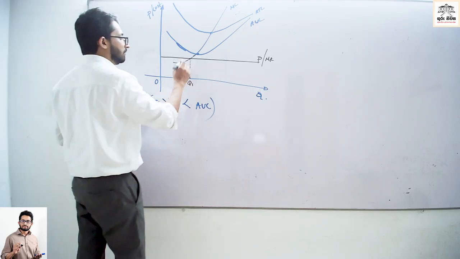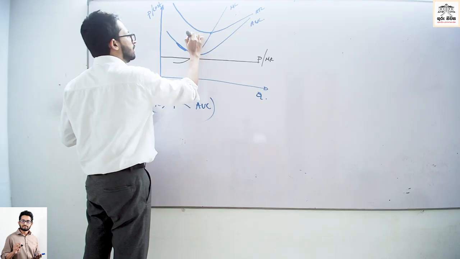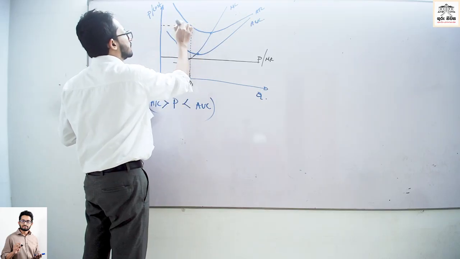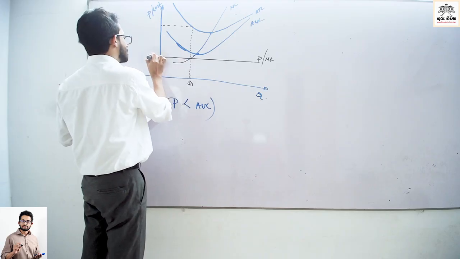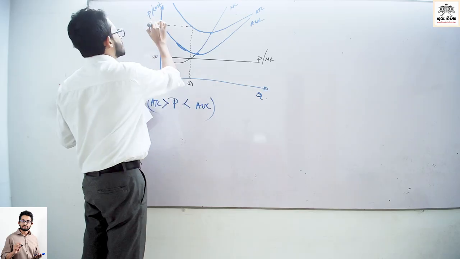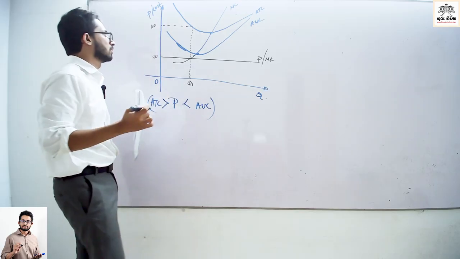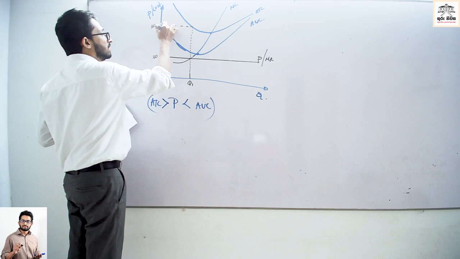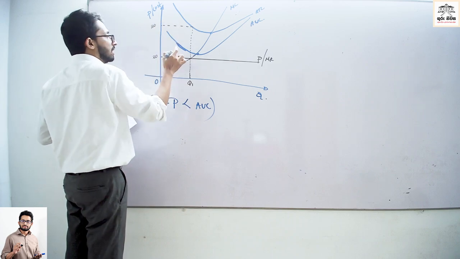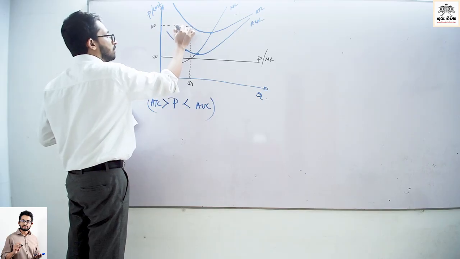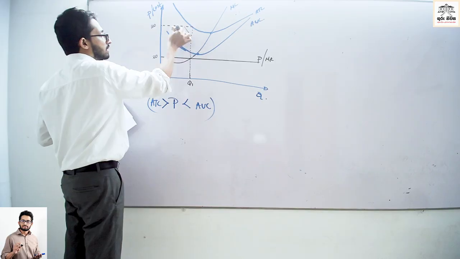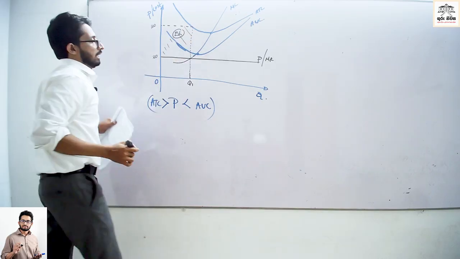At this output level there will be a huge loss. This is the revenue, assume it's 20 rupees, but the average total cost is 100 rupees. So the area of this rectangle shows economic losses, EL.